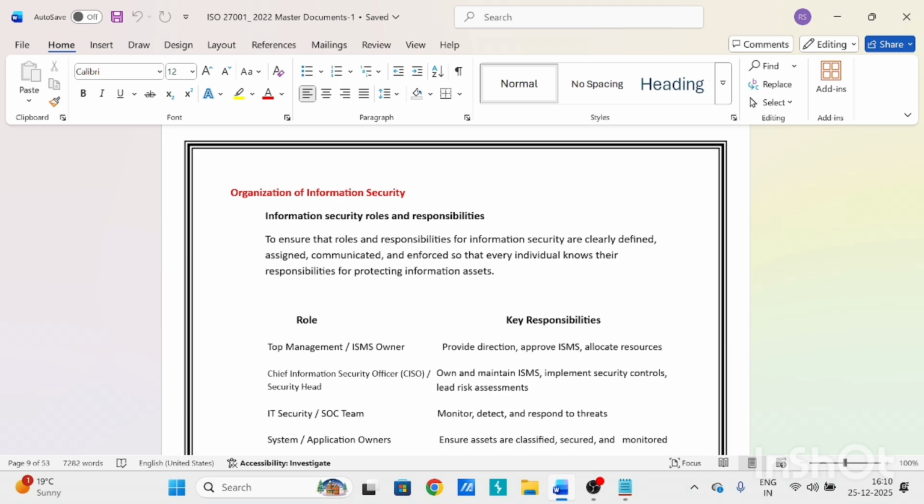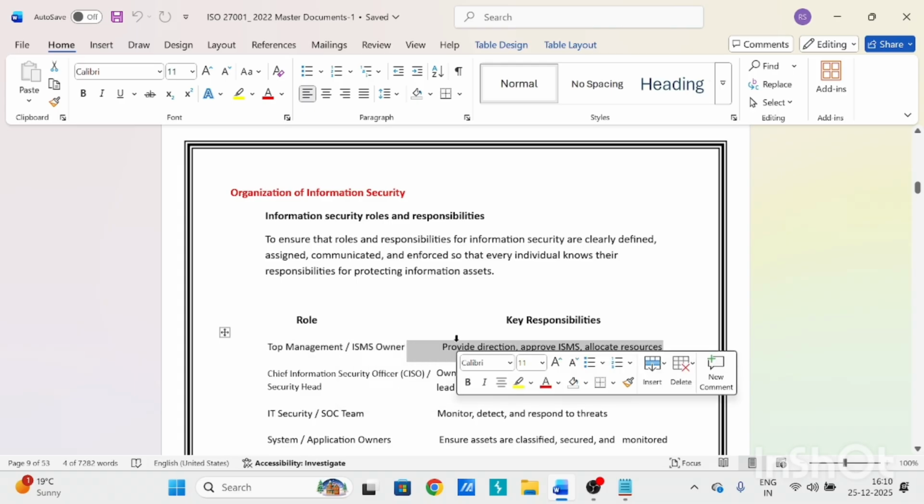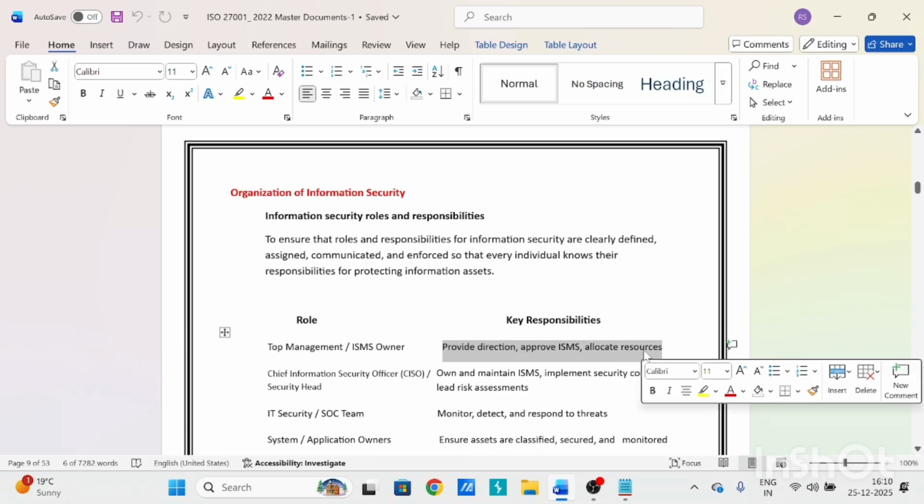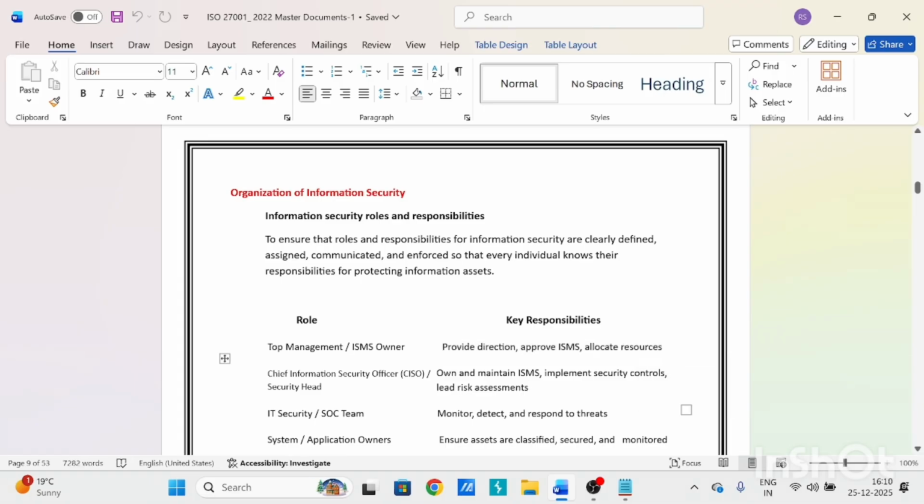If there is top management or an ISMS owner, what are the roles assigned to them? The ISMS owner provides the direction, approves the ISMS, allocates resources and so on. If CISO is the designation, then the CISO owns and maintains the ISMS, implements security controls, and leads risk assessments.